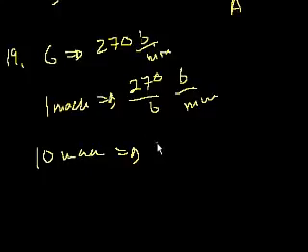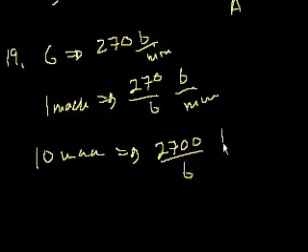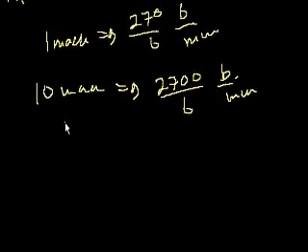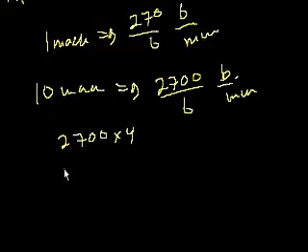So 10 times this is 2,700 divided by 6 bottles per minute. And if they want to know how much 10 machines are going to produce in 4 minutes, you just multiply this times 4. So this is how much they produce in 1 minute, so the answer is going to be 2,700 times 4 divided by 6.